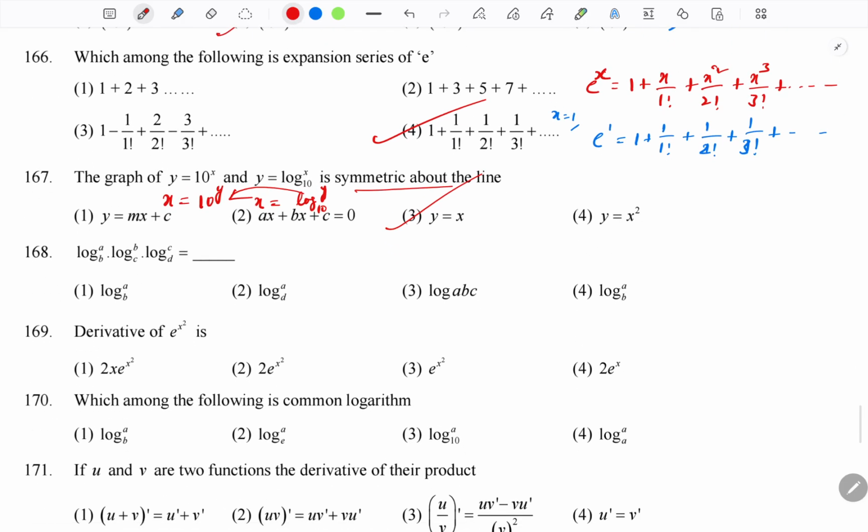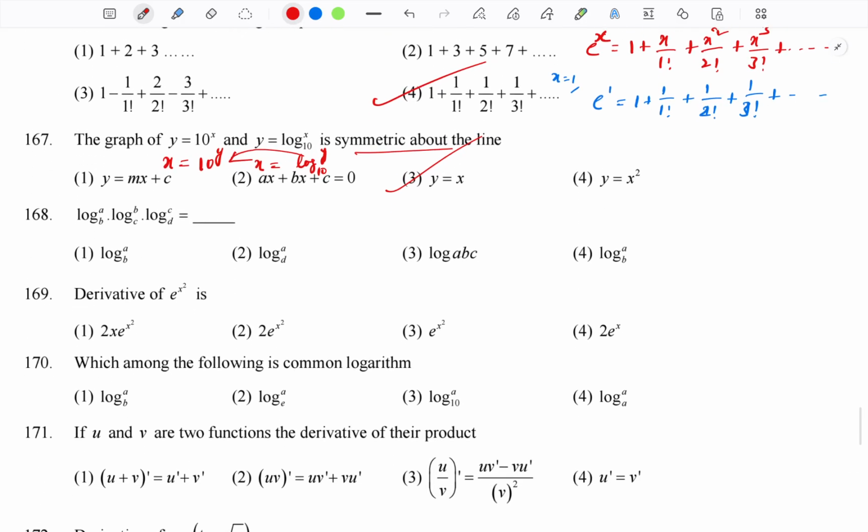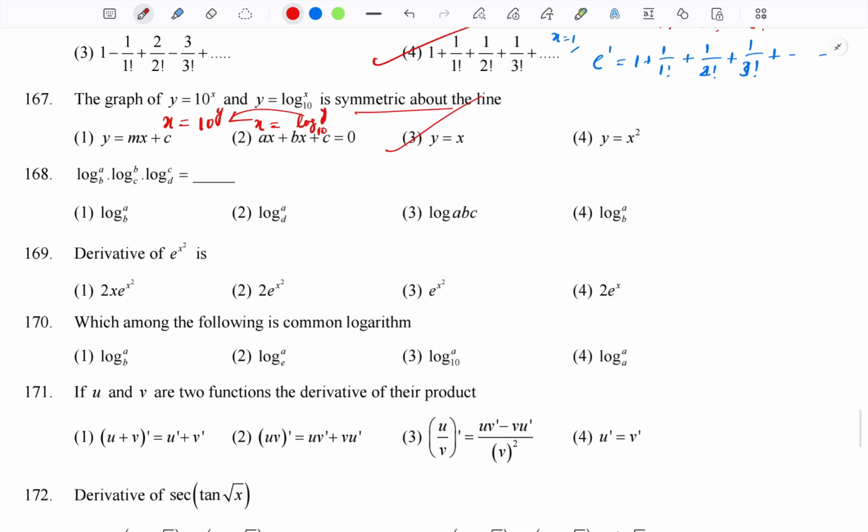Now if you want to solve this type of question, first you should know one basic log property. Whenever we have log base a of exponent b, we can write this as log b by log a, whatever the base, e or 10, your choice. Now apply that. Log a b can be written as log a by log b into log b by log c into log c by log d.